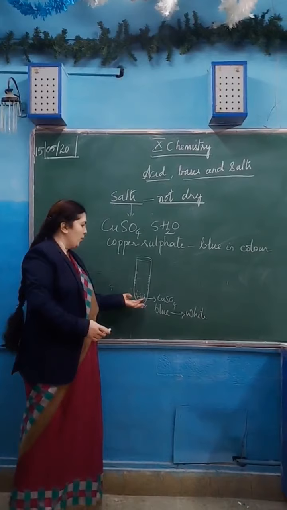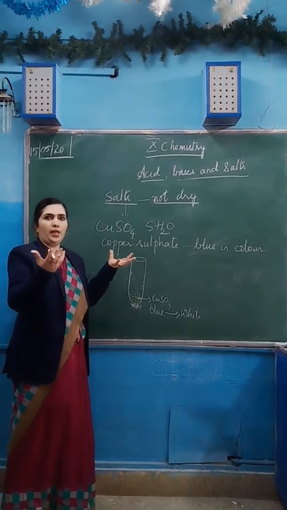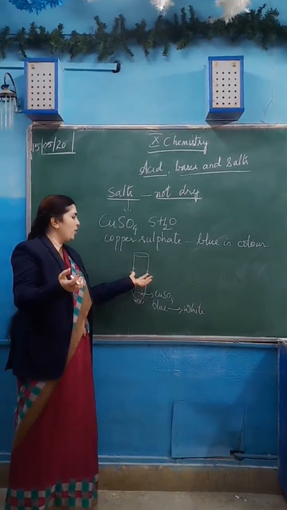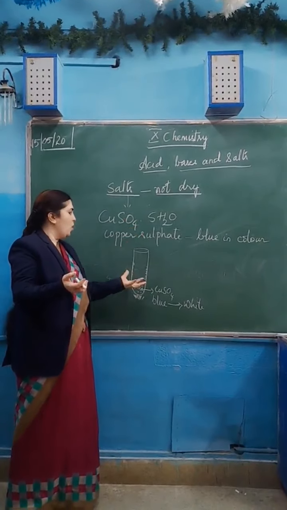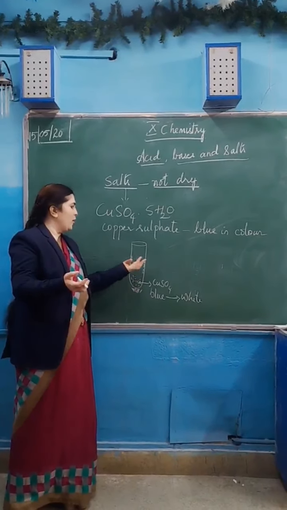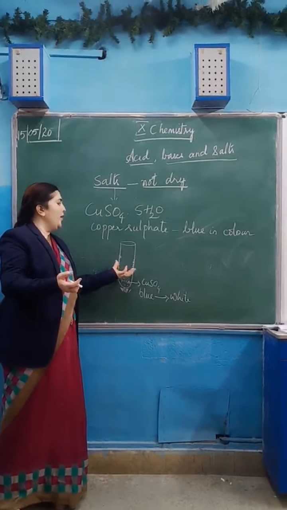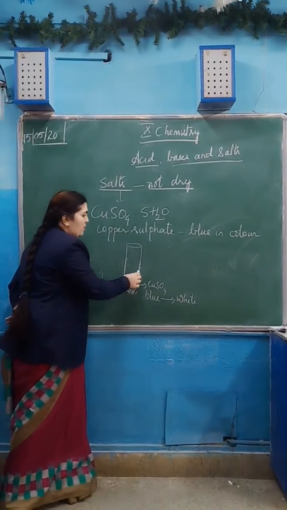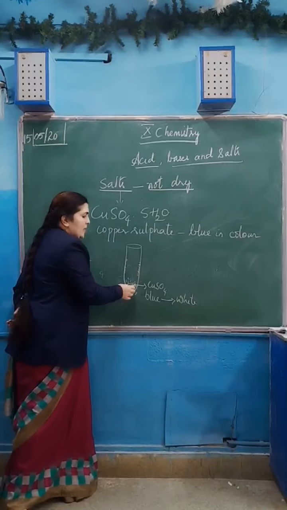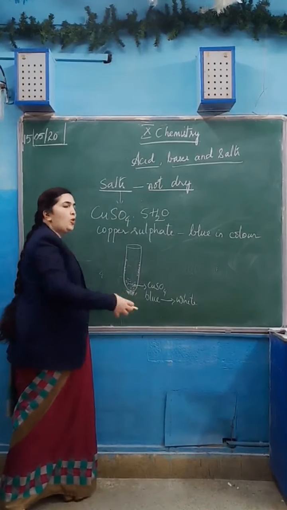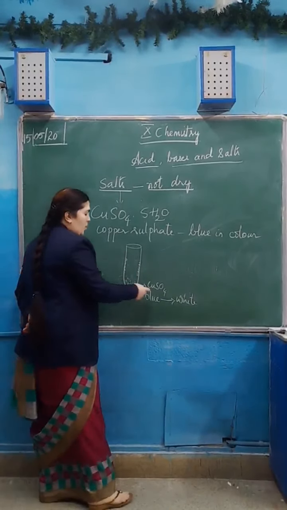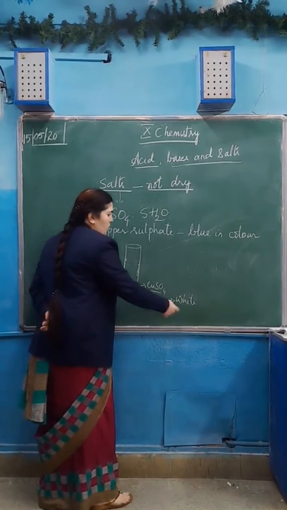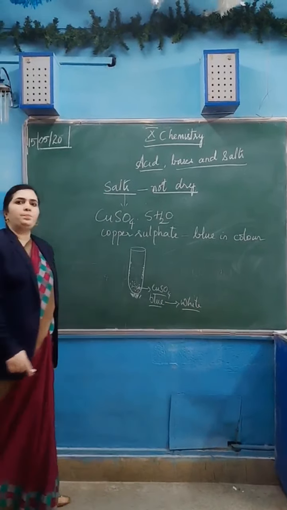Water vapors come out, and when they touch the cool inside of the glass tube, they condense and form water droplets. As the water comes out, the copper sulfate's blue color changes to white.